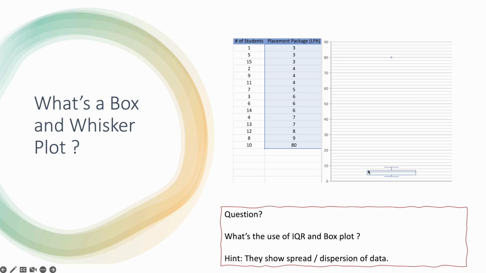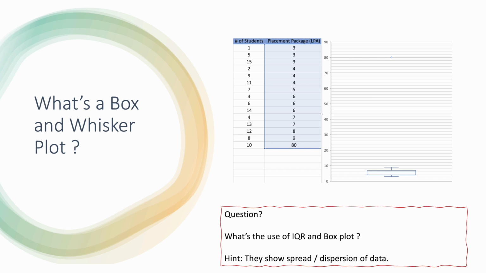The top edge of the rectangle is my third quartile, and the bottom edge of the rectangle is my first quartile. So my first quartile, median, and third quartile are represented by the rectangular box.